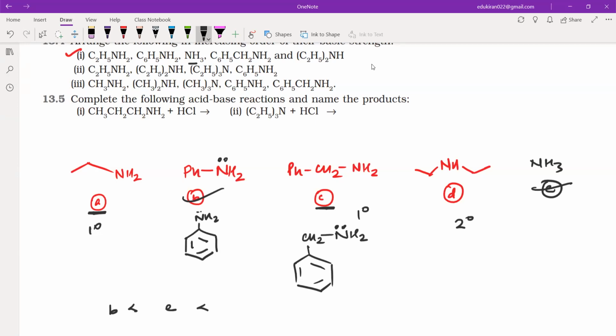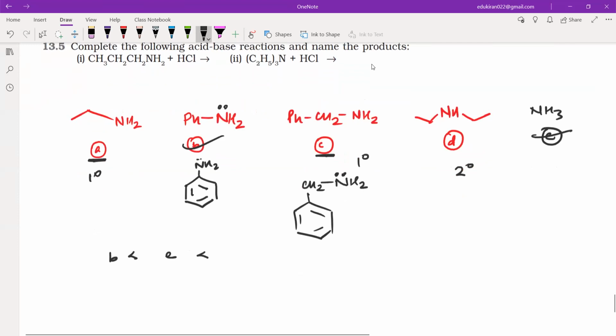So if I see these A and C, how are you going to compare? Here we have sp3. Here also we have an sp3 hybridized carbon atom. But if I look at this NH2, here it is having sp3, but all these atoms are sp2. In an sp2 hybridized atom, the hybrid orbitals have more s character, and due to the more s character they are more electronegative, because s is nearer to the nucleus, and if it is nearer to the nucleus, it is nearer to the positive charge.